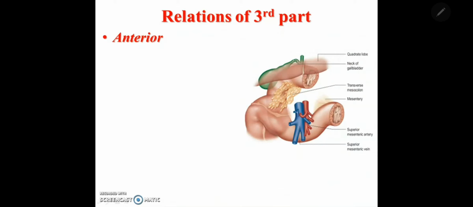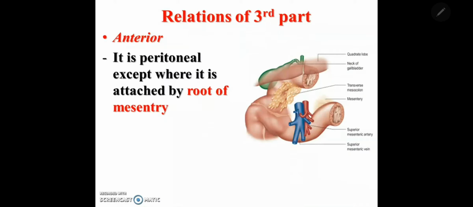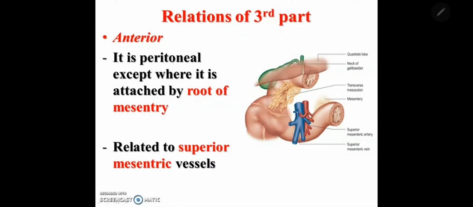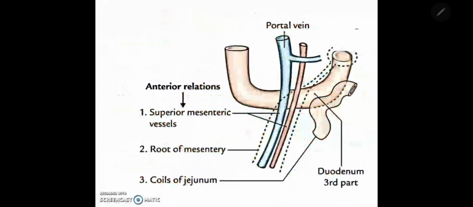Coming to the relations, anteriorly it is peritoneal, except here it is crossed by the root of mesentery, which is suspending the coils of jejunum and ileum, and related to these superior mesenteric vessels. Superior mesenteric vessels run in front of the third part. Why they run, that you will understand when you study the embryology and midgut rotation. That we will see in the later part.